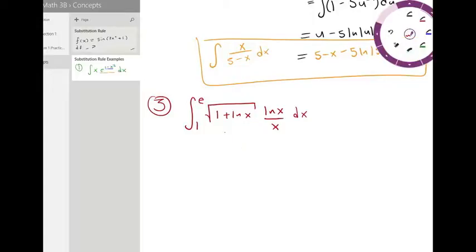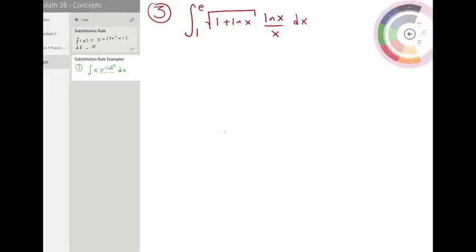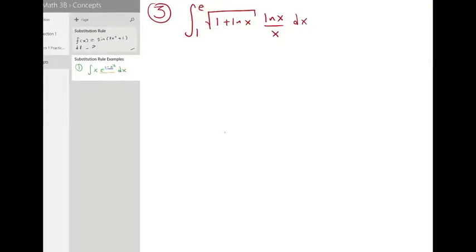So we'll go back to our procedure. Let's find an inside function. So this 1 plus ln x is within a square root. We know we can't integrate ln's within square roots with regular rules. So this is probably a good candidate for our inner function, outer function being square root.